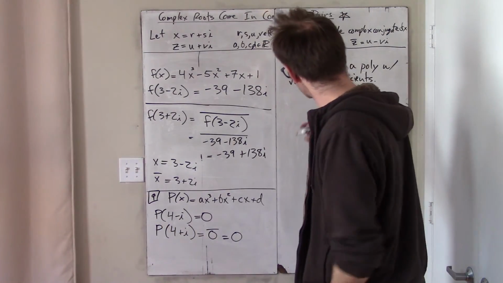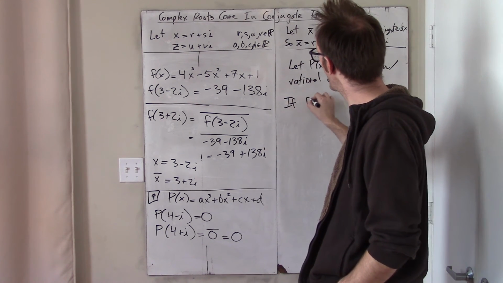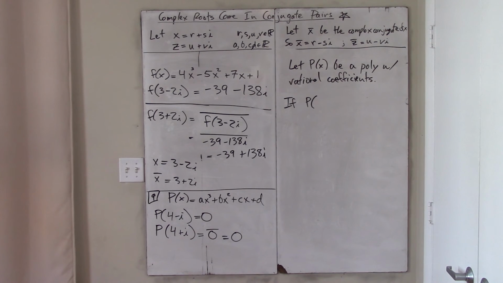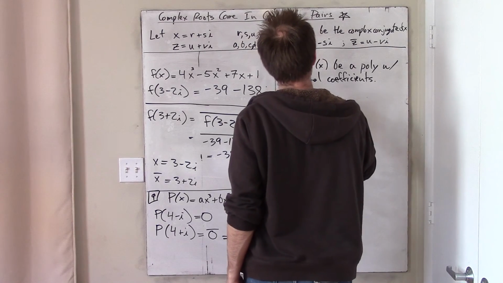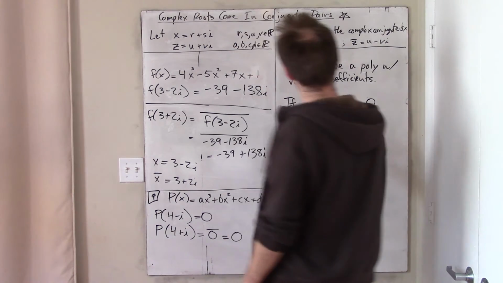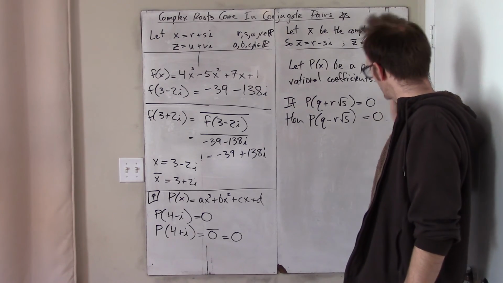The claim is that if you plug into that polynomial q plus r root s, and you get back 0, then p of q minus r root s is also 0.